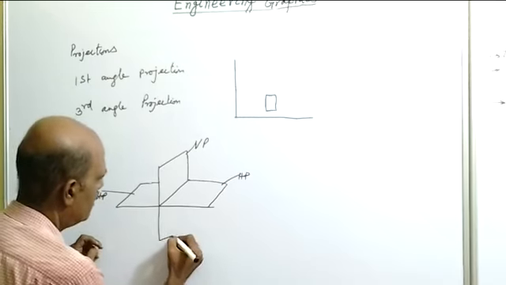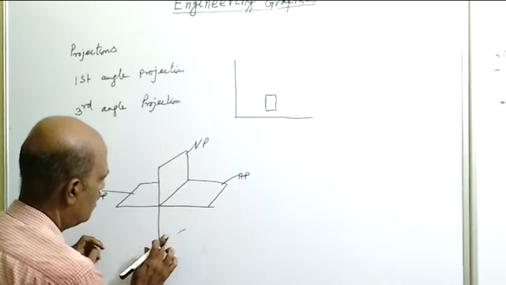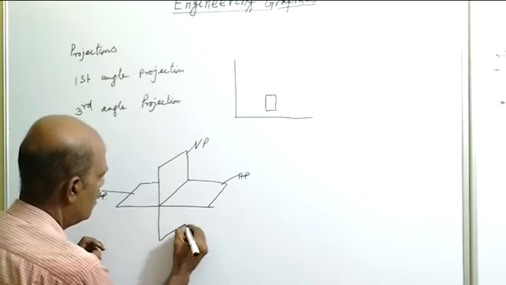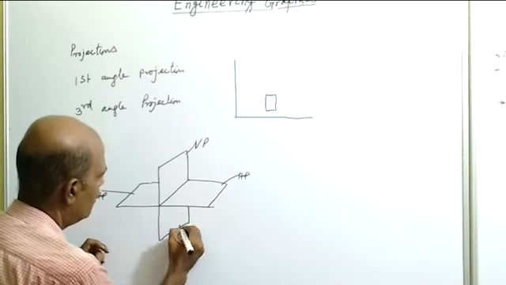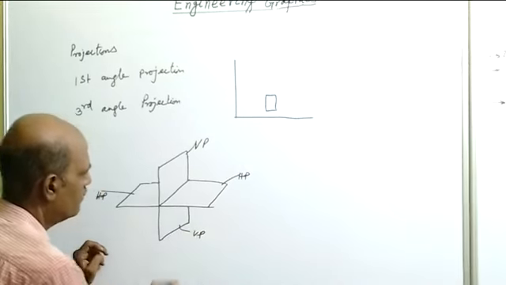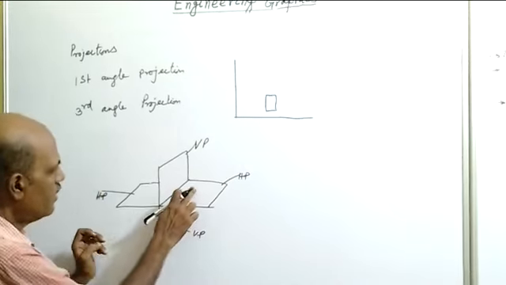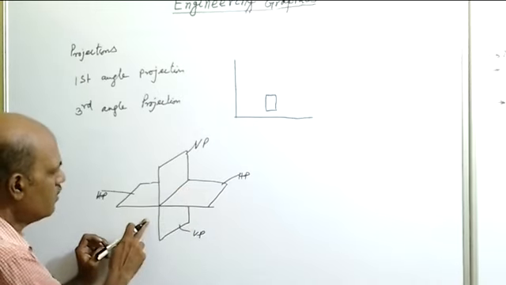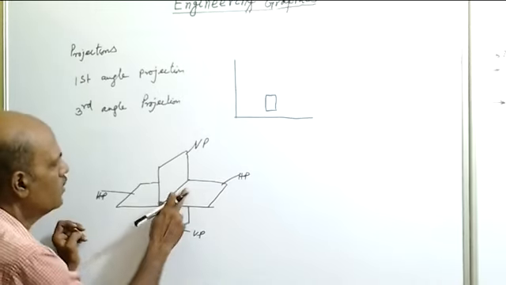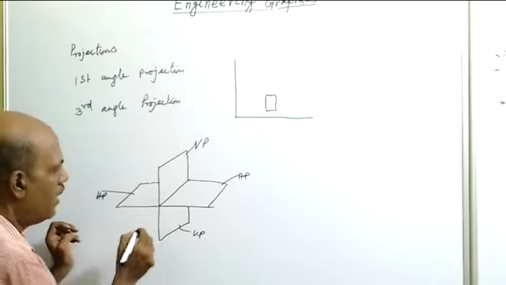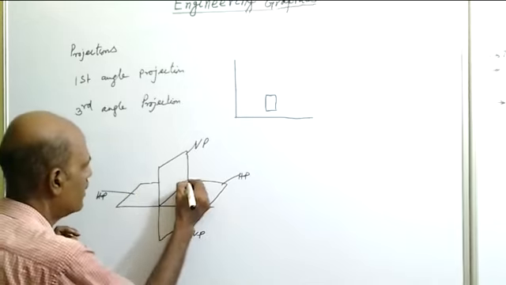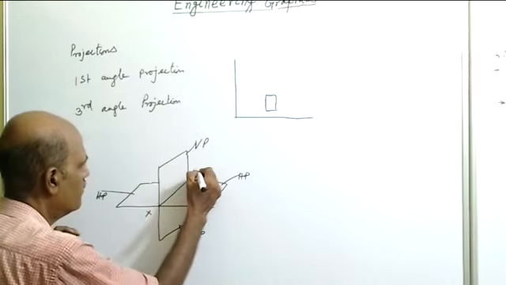This one is also a vertical plane. Now this is the first quadrant, second quadrant, third quadrant and fourth quadrant, or the first angle, second angle, third angle and fourth angle. And this line is called the reference line, that is the XY line.